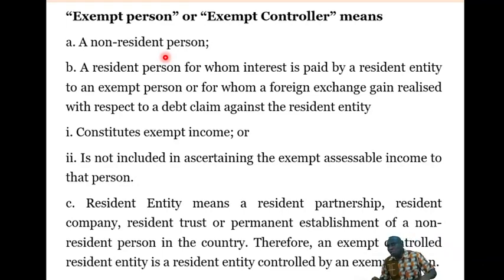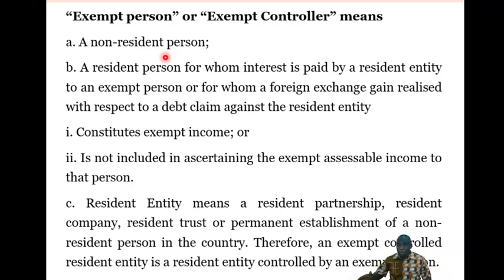Why? Because that resident entity is being controlled by an exempt person, since the person that has control in that company is a non-resident person.